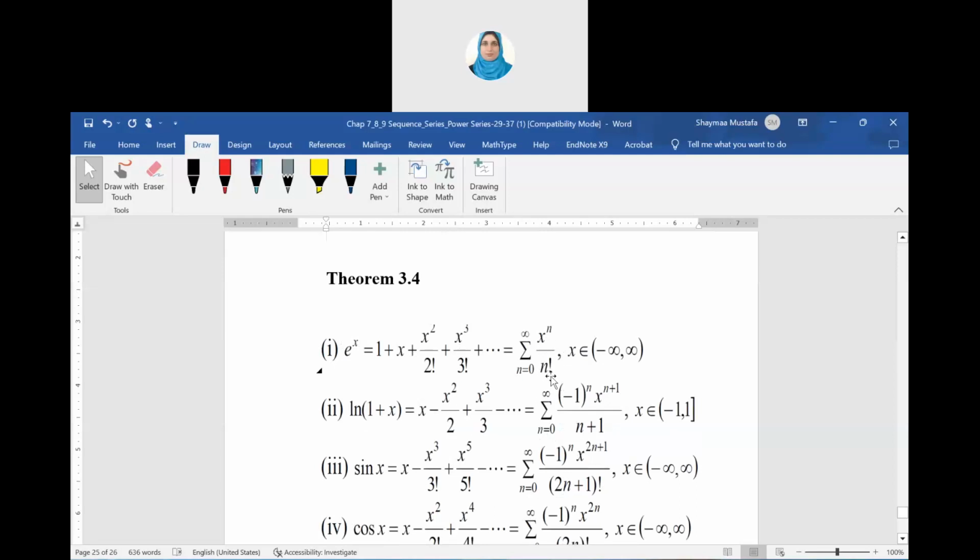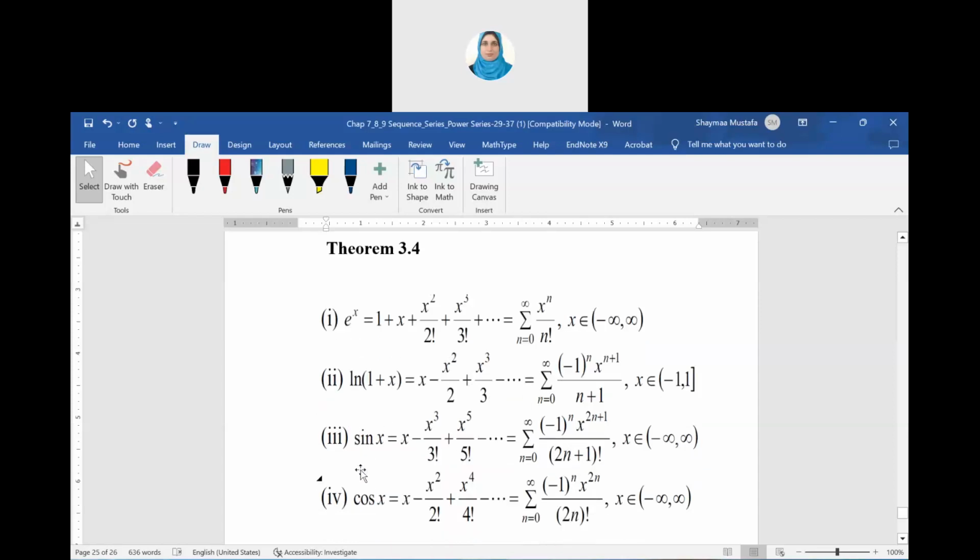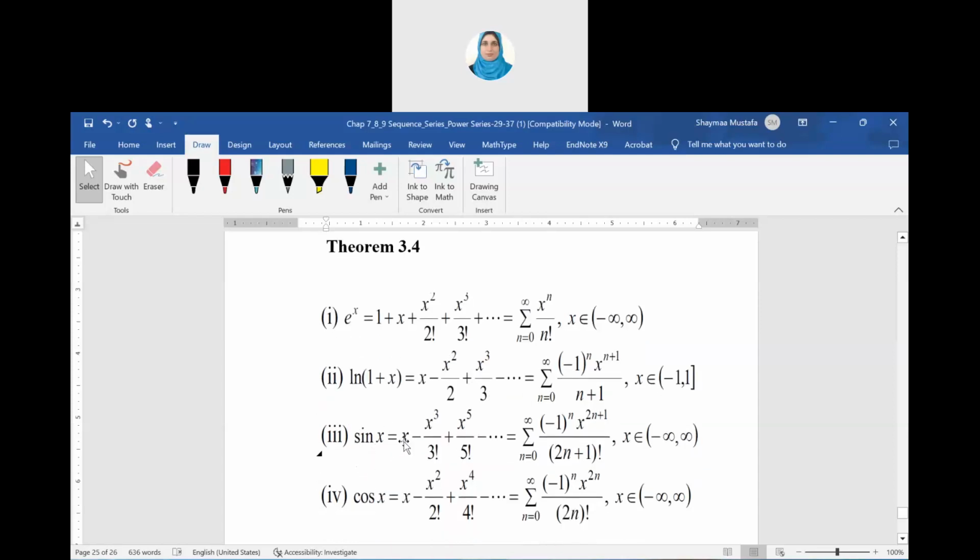The natural logarithm of 1 plus x, if you try to find its Maclaurin series, you will get x minus x squared over 2 plus x cubed over 3, and so on. Sine x is equal to x minus x cubed over 3 factorial plus x to the power 5 over 5 factorial, and so on.